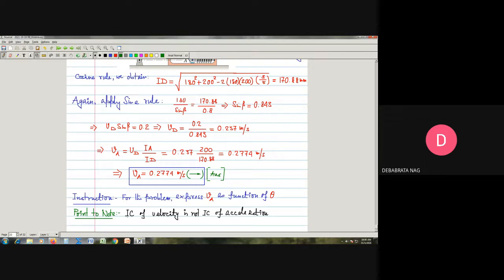And you need to remember that the instantaneous center of velocity is not the instantaneous center of acceleration. That means for acceleration analysis also, we can find out the instantaneous center for acceleration, but that is not very much popular as the instantaneous center of velocity is.